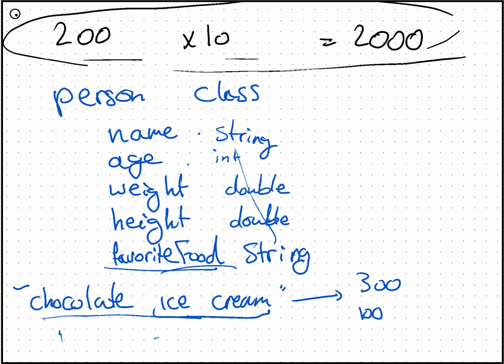Or it can be something like 500 because it's a smoothie. So you can see the issue with representing data in a string format, right? Yes. Okay, great. So can we represent this differently?